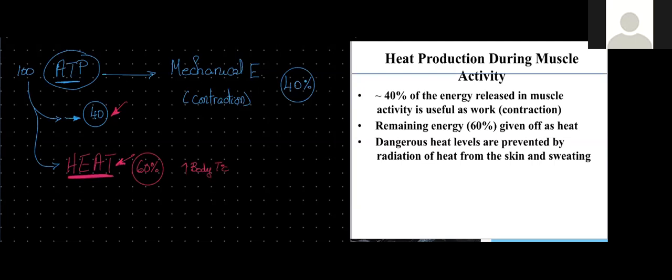So how would you respond to an increase in the body temperature? You try to reduce it back to normal. And remember, you need to sweat in order to reduce it back to normal. So this profuse sweating that takes place during exercise is simply a way by which you maintain a normal body temperature. But why in the first place did I have this increase in the body temperature?